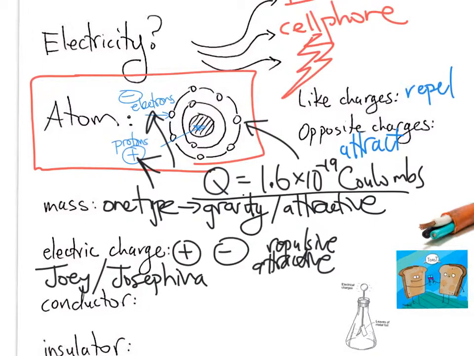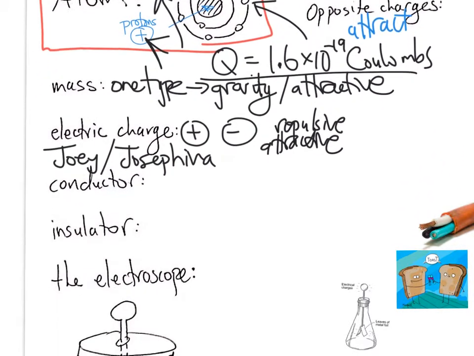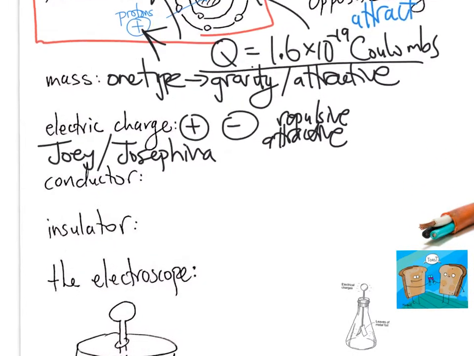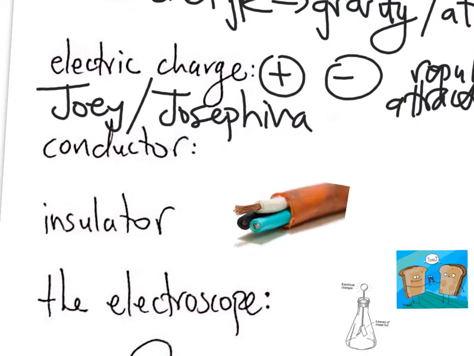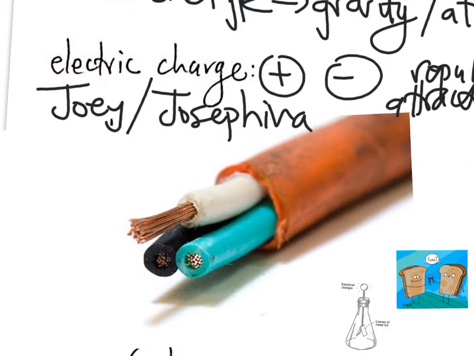Okay, so the difference between a conductor and an insulator. Let's take a look at this image. What we see here is there's a conductor, so there's metal. These look like copper wires. Copper's a good conductor. And then it's surrounded by some insulator. So a wire is a great example of both a conductor and an insulator.